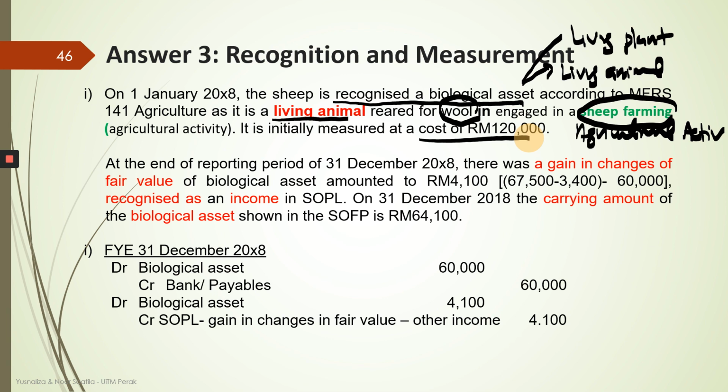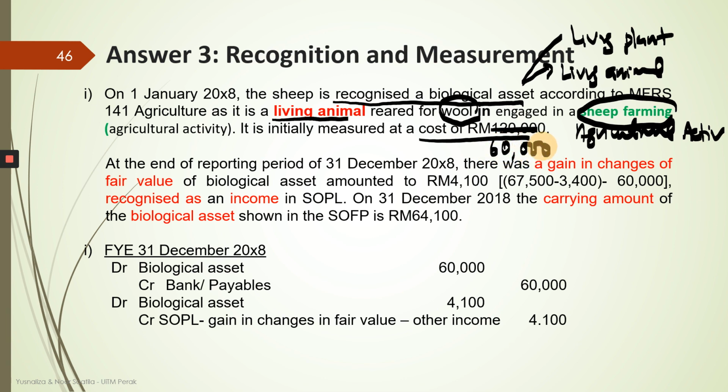Then at the end of the reporting period, you have a gain on fair value change. So let's look at what is given. The figure here shouldn't be 120, it should be 60,000.